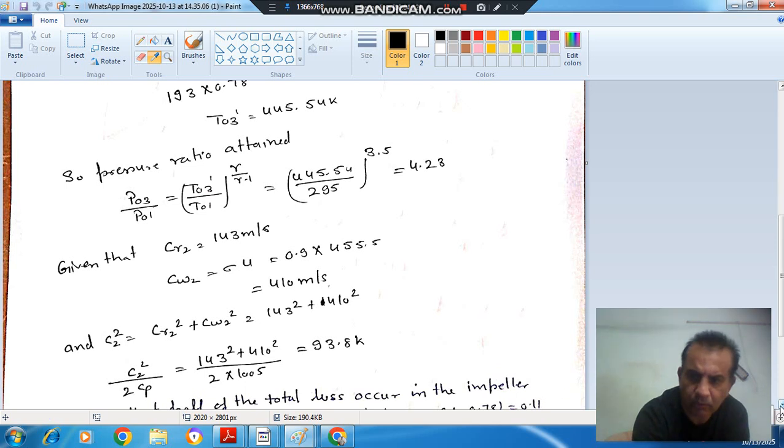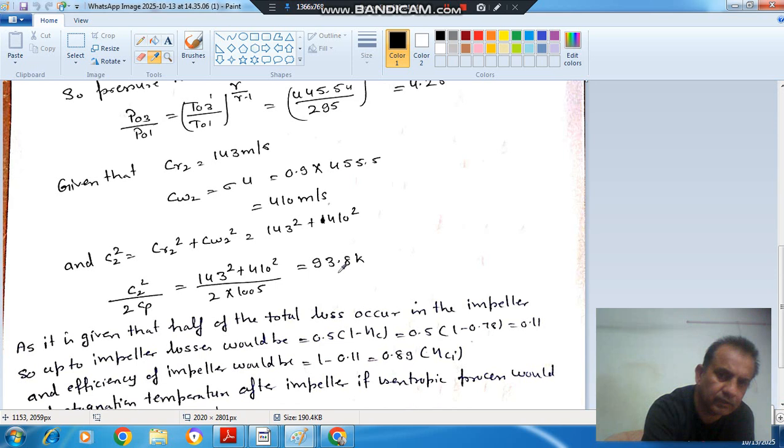Okay. So up to that we have scored. So that is the dynamic temperature at the exit of the impeller.